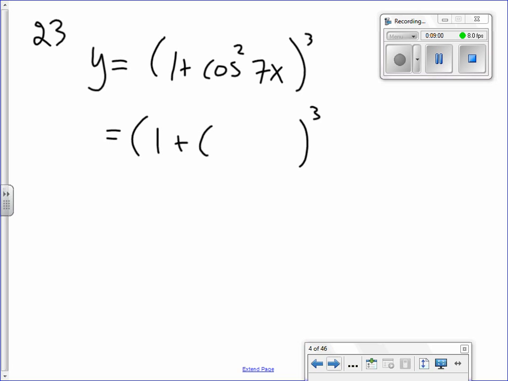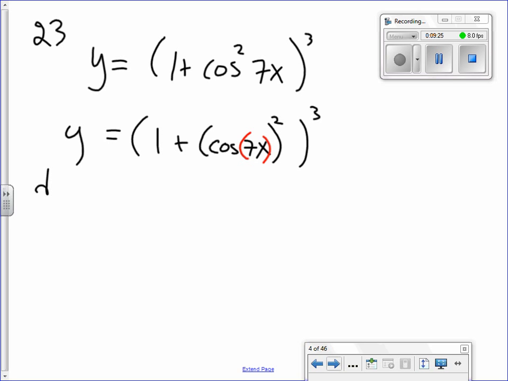Parentheses, because what's being squared is the cosine of 7x. Unless the angle is just x, you need to put parentheses around it, because then it's a function of x.